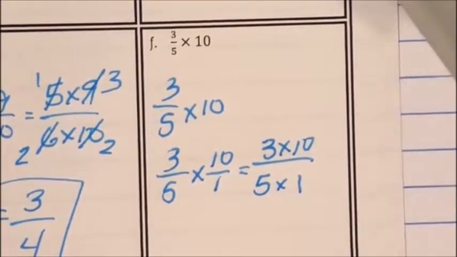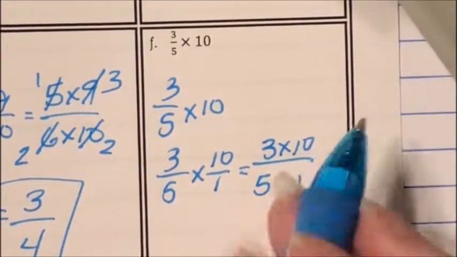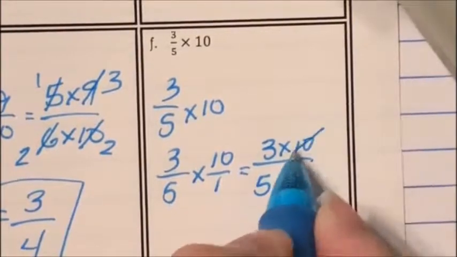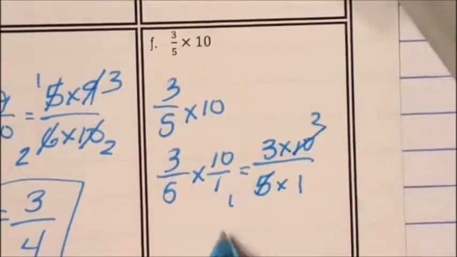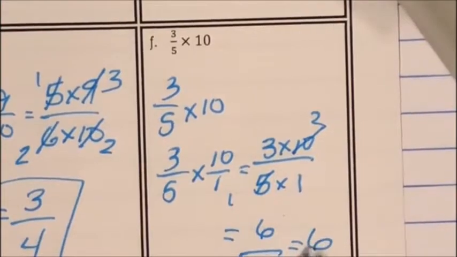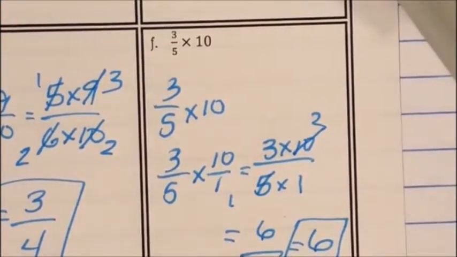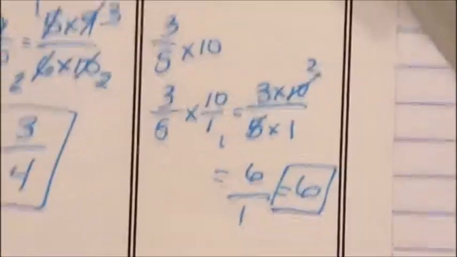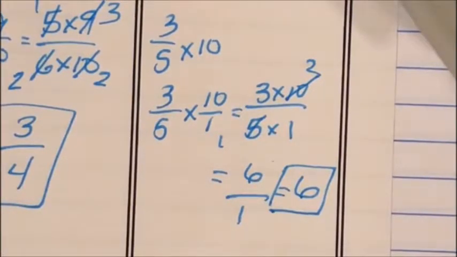So I get 3 times 10 over 5 times 1. I notice that 10 and 5 can simplify. So 3 times 2 gives me 6. 1 times 1 gives me 1. So I get 6 over 1, or 6. And that is the end of lesson 3.